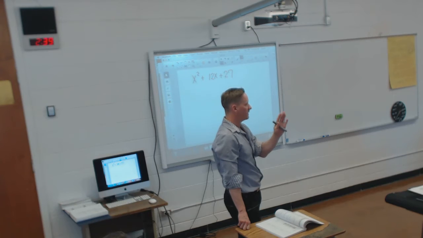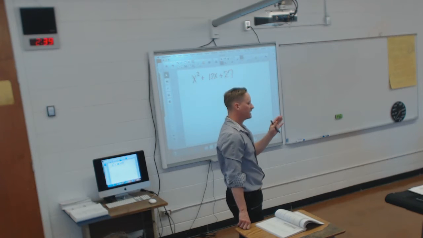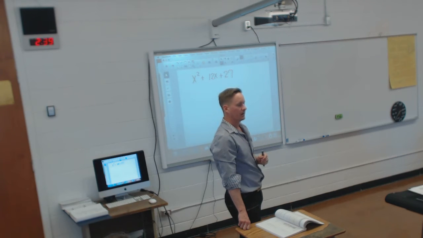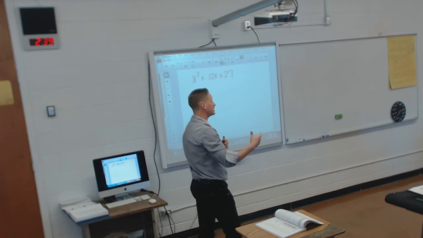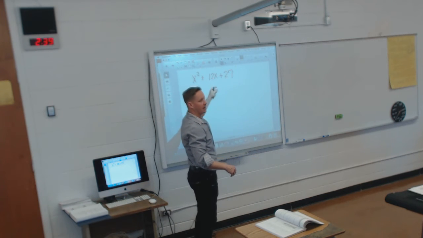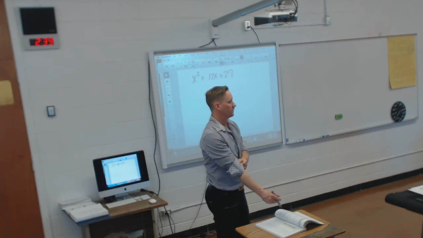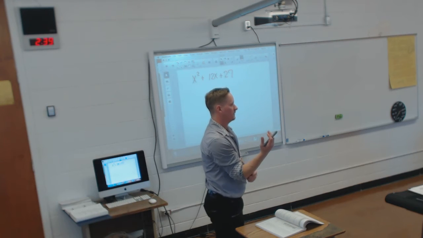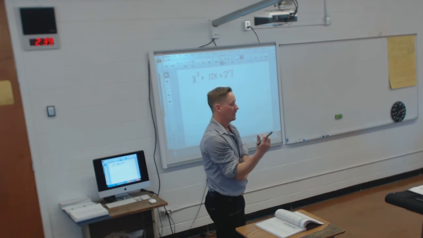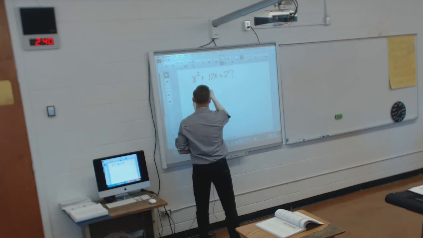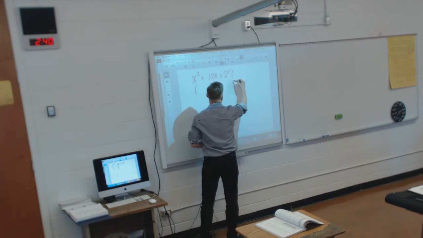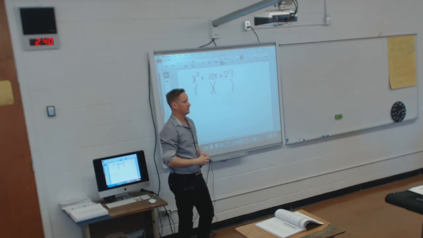The factors of the last value have to add to give you the middle term. Now, it will switch if I have a number in front of here, but I'm not worried about that right now. We'll get to that after.